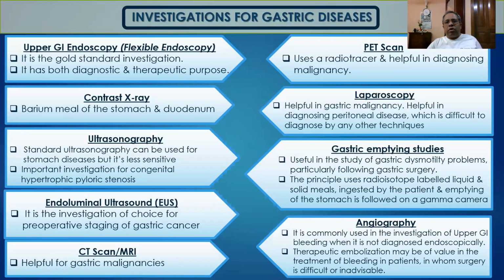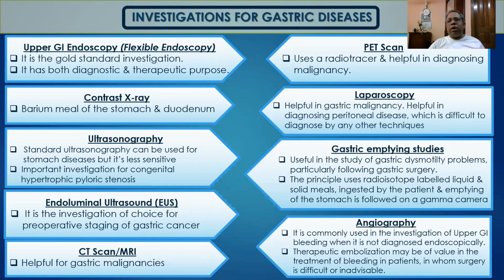What are the investigations we do for the diagnosis of gastric pathology? For direct inspection, the best investigation to look inside the lumen of the stomach and duodenum is called endoscopy. Whenever we give the requisition for endoscopy, we write endoscopy of the upper gastrointestinal tract, meaning upper GI endoscopy.